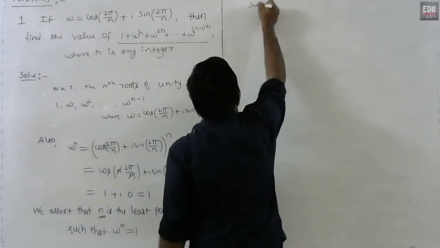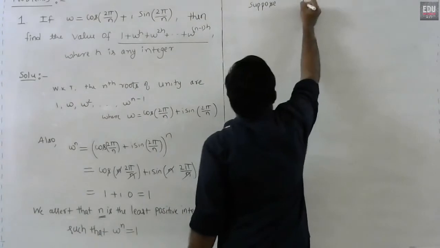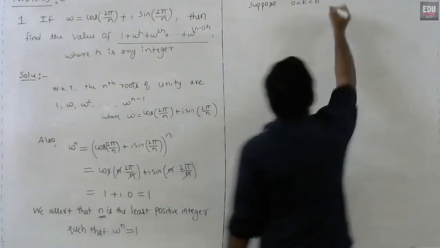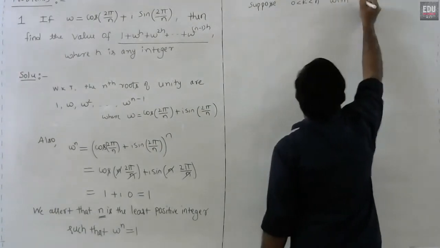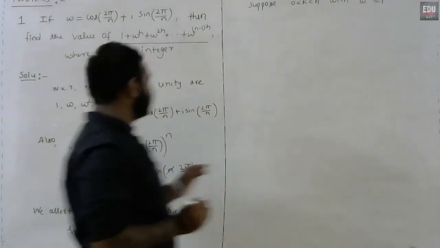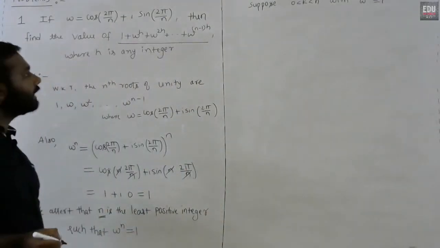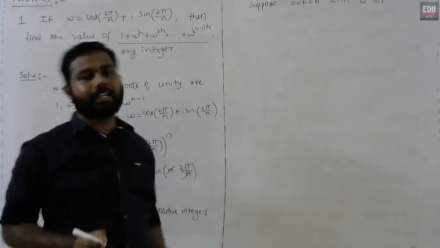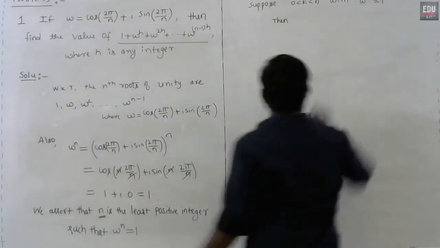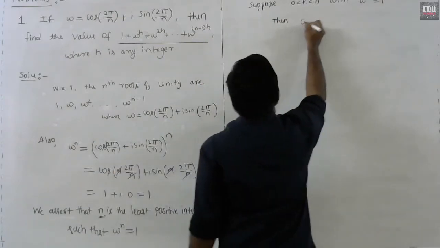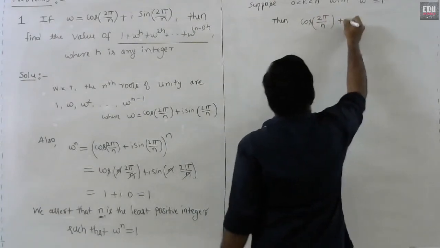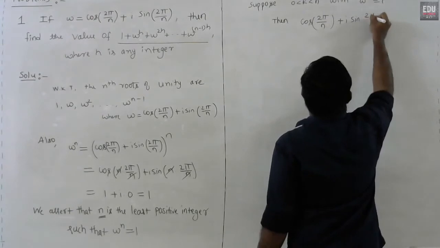Suppose k is any positive integer less than n with omega power k is 1. Suppose there is a positive integer less than n with the property omega power k is equal to 1. Then, what is omega power k? Omega is cos 2 pi by n plus i sin 2 pi by n.